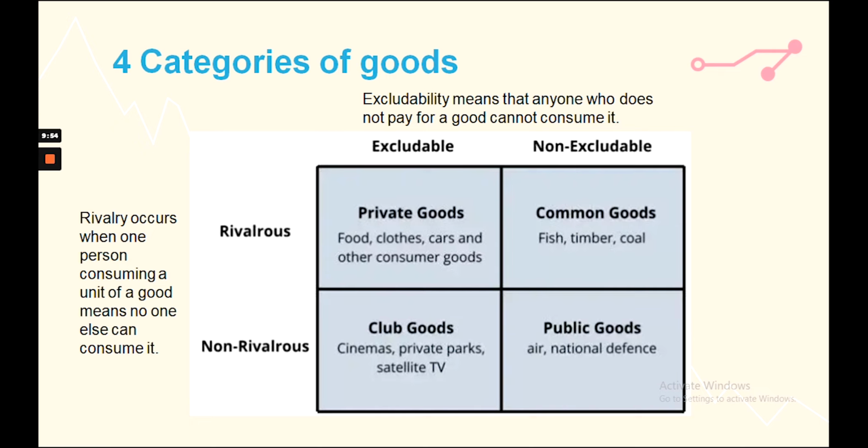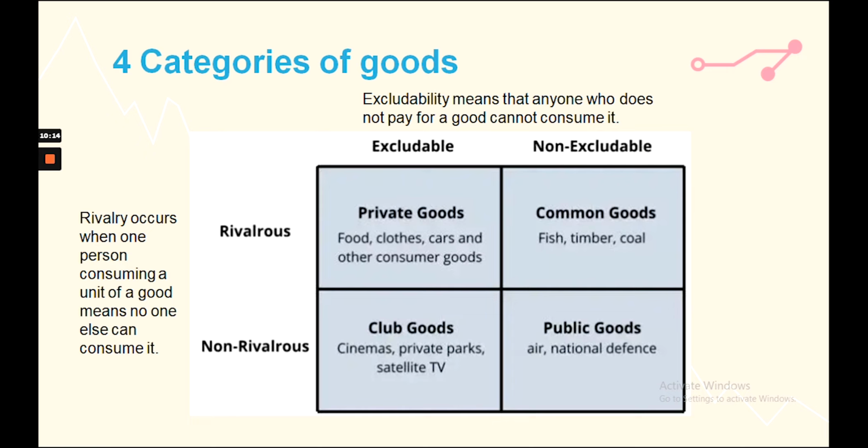Private goods are both excludable and rivalrous. Excludable means that if you pay for it, only then will you be able to consume it. And rivalry here means that if one person has already consumed it, another person will not be able to consume it.